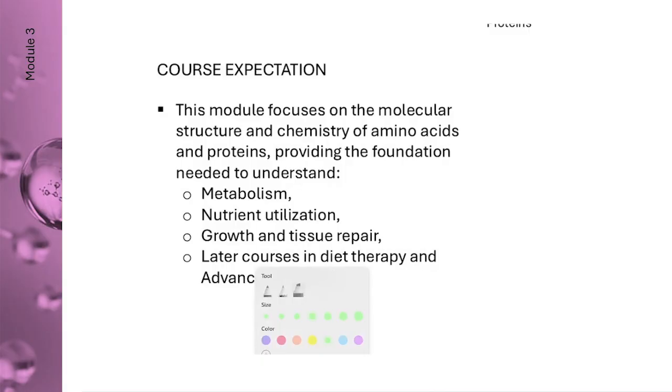Okay, so moving to the next slide, we're indeed going to be looking at the molecular structure of different amino acids. Our amino acids are the foundations of proteins. And we're going to be looking at this with regards to metabolism.